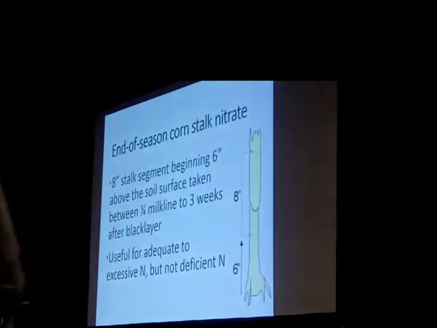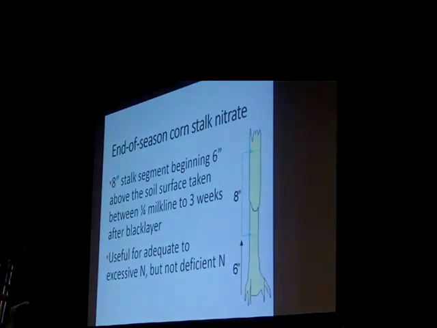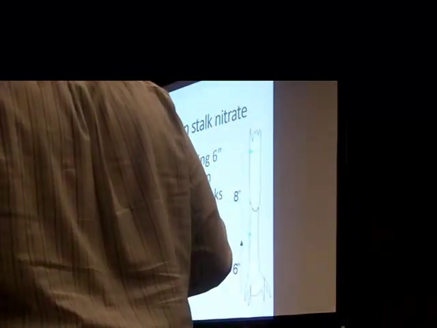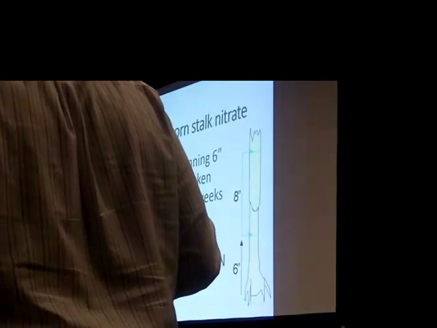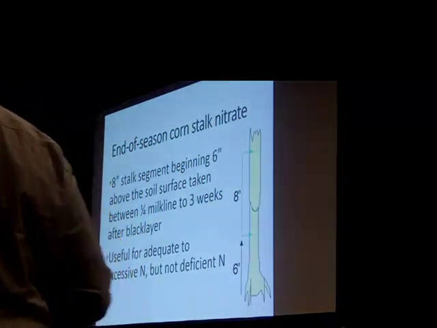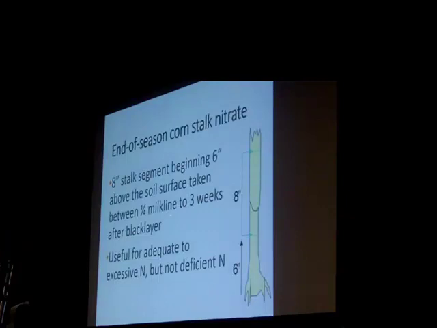Initially, the research had been done to show to take samples 2 to 3 weeks after black layer. And then people that were raising silage were interested in going earlier, and Penn State did a lot of research that showed that the results were the same whether you were at a quarter milk line, which is a couple weeks before black layer, up to 3 weeks after black layer.